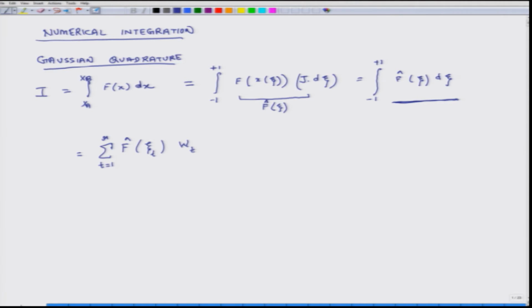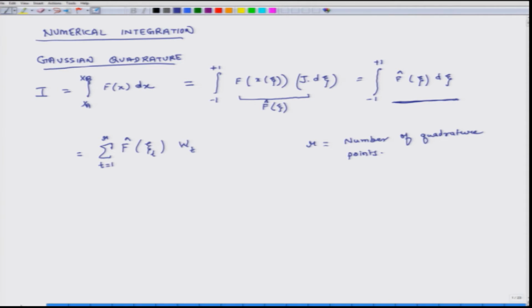Now, it is important to understand that here this r is the number of quadrature points. For instance, in trapezoidal rule, we had seen that the number of quadrature points is 2, the first point over the domain and the last point on the domain.